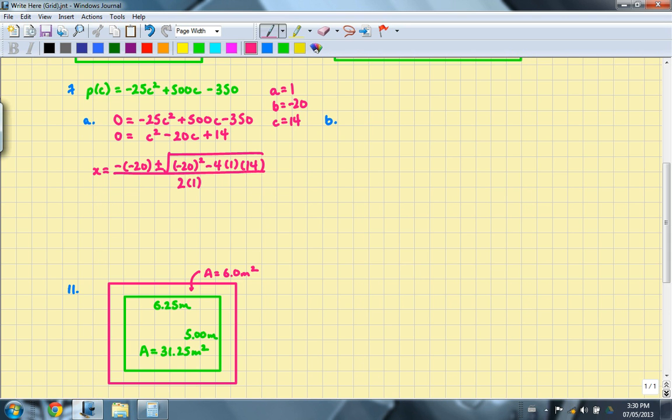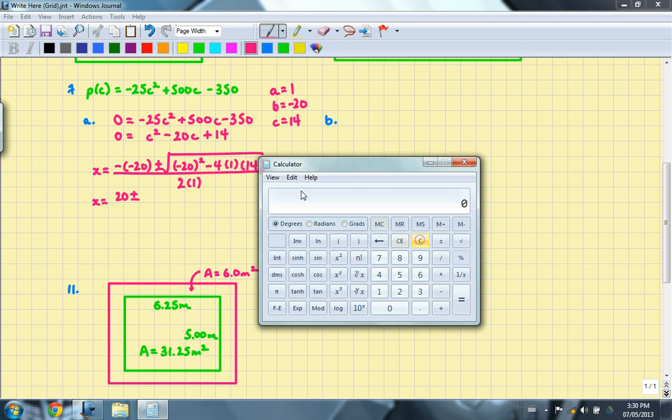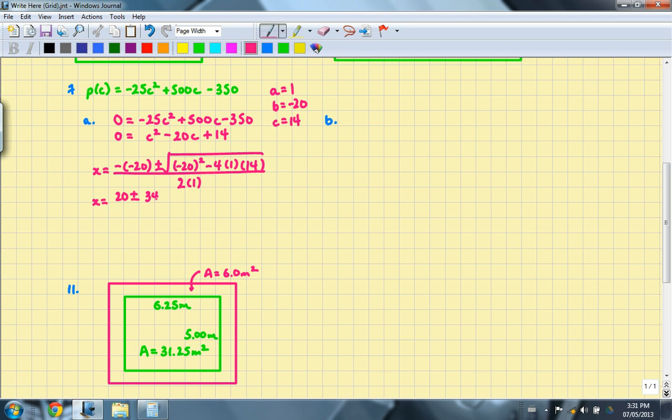Okay, so x is going to be equal to 20 plus or minus, simplify what's inside the square root here. So I have negative 20 squared minus 4 times 1 times 14. So that's going to be 344. And this is going to be divided by 2.